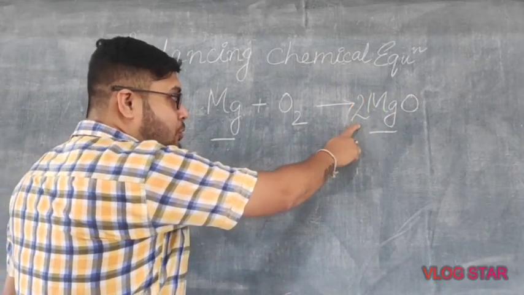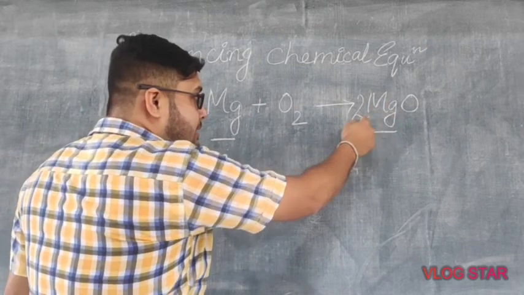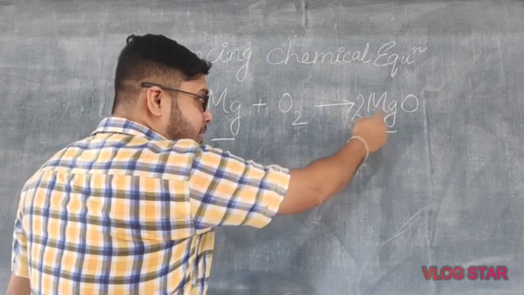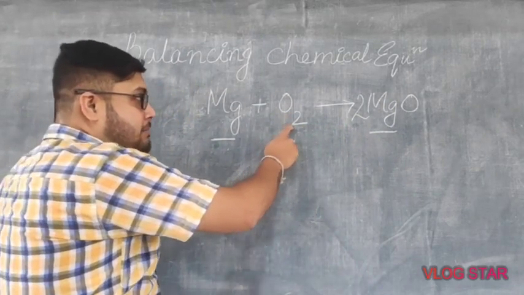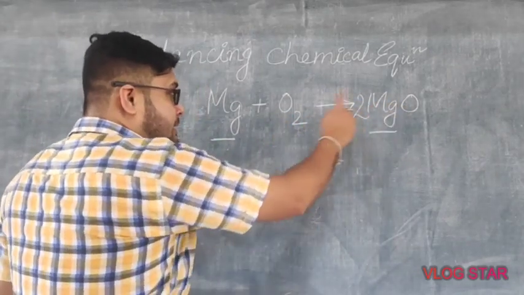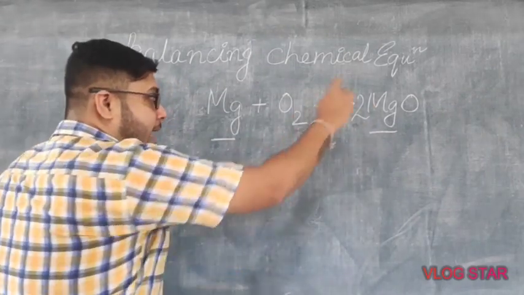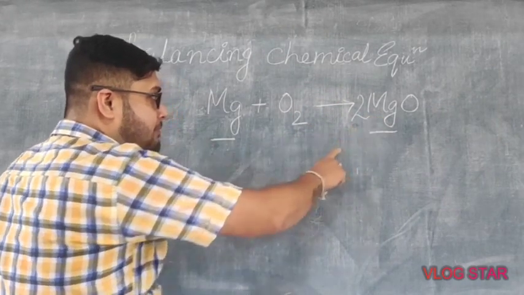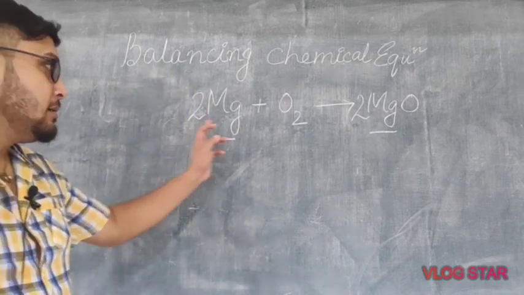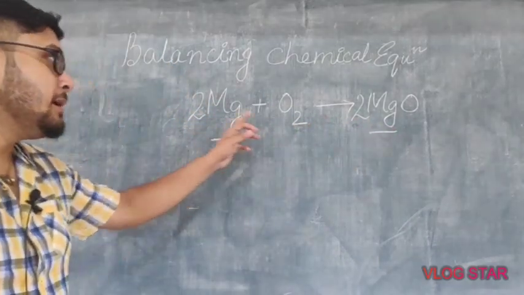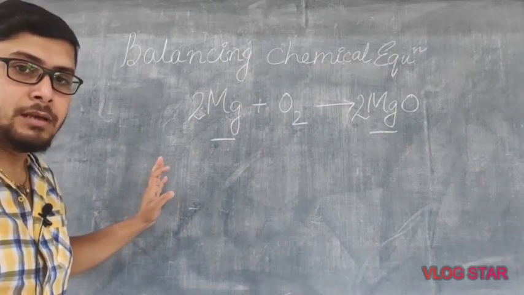So if I give here 2, we will get 2 Mg and 2 O also. Now if you can see clearly, the oxygen atoms on both the reactant side and the product side are balanced, and for magnesium here it is 2, so if we put here 2, we get a complete balanced chemical equation.